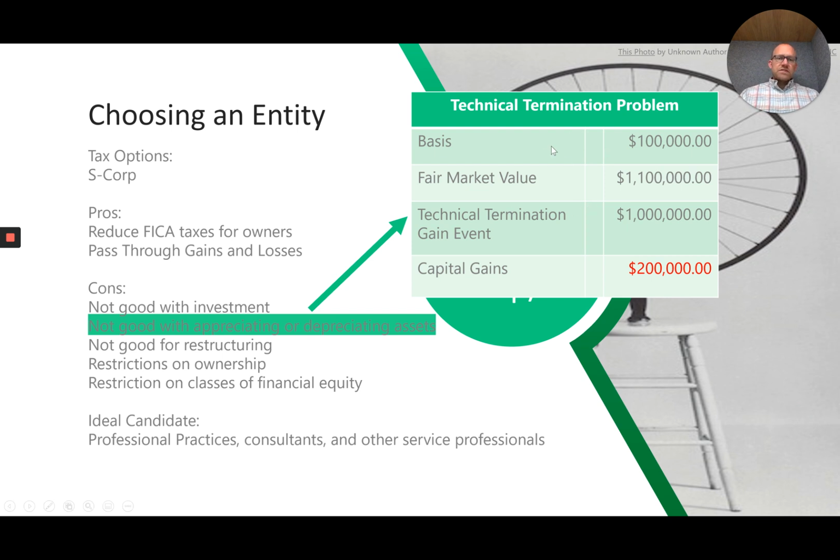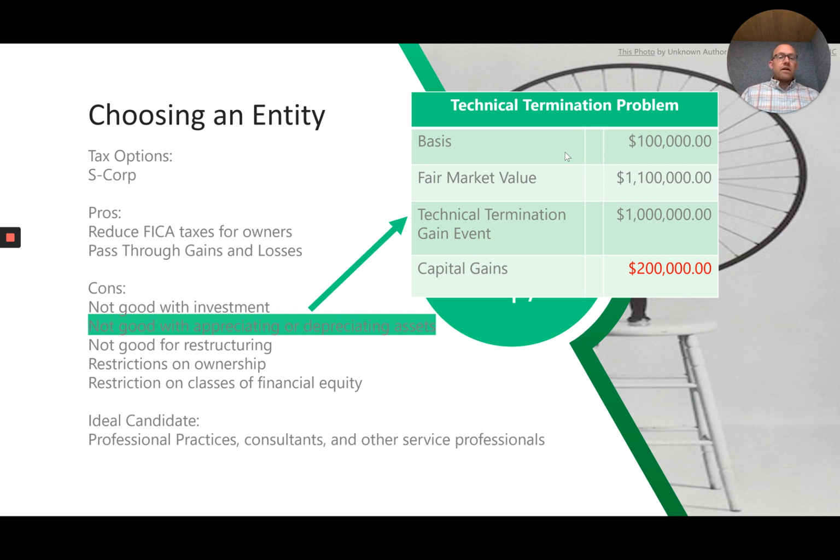So let's say, for example, you have a piece of real estate, you buy it, you've depreciated it, so you have $100,000 in basis, and the fair market value today is $1 million. And by accident, you decide to sell some of your equity to a partnership.